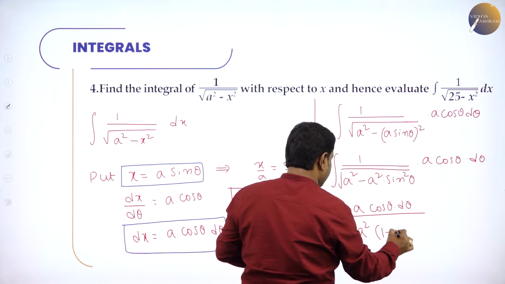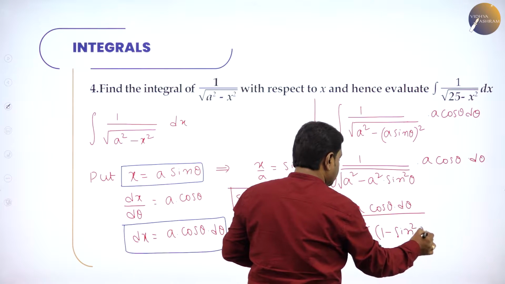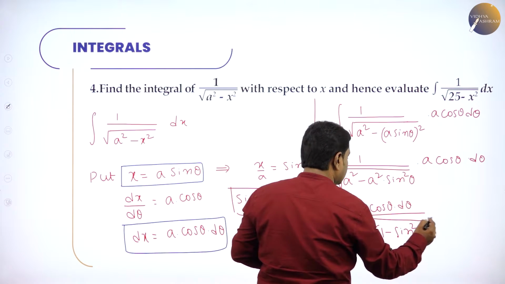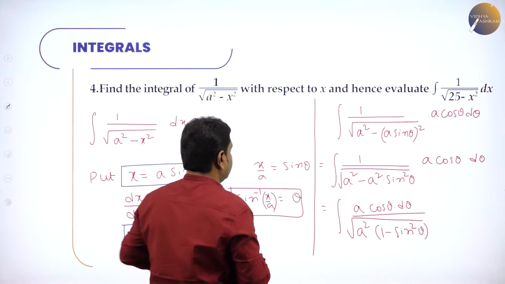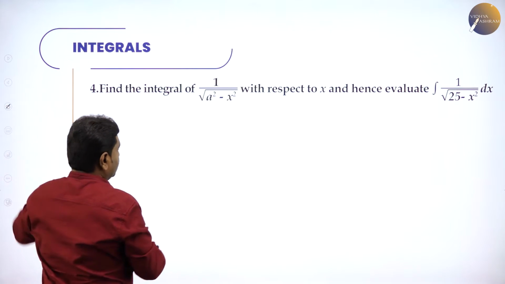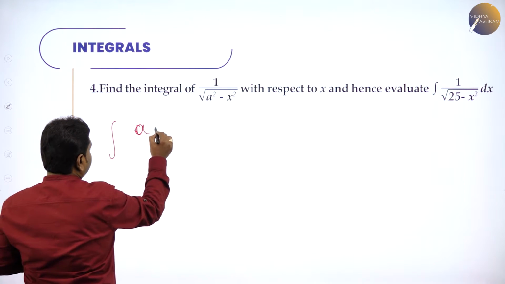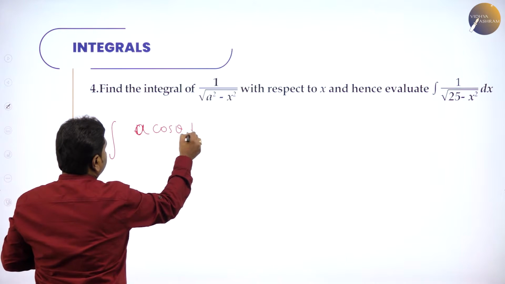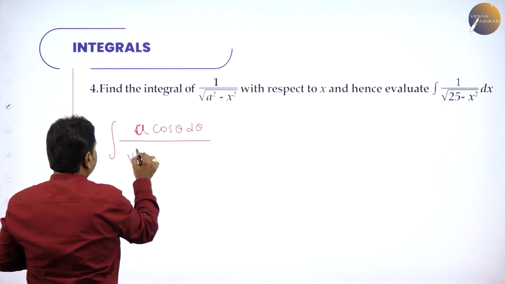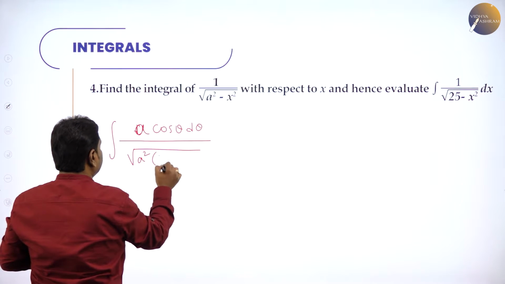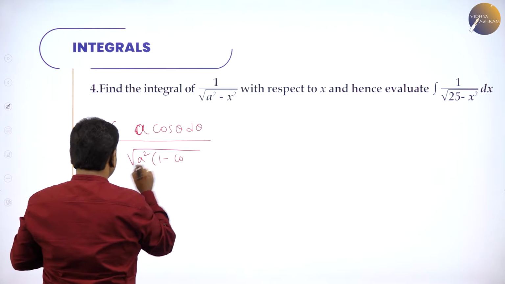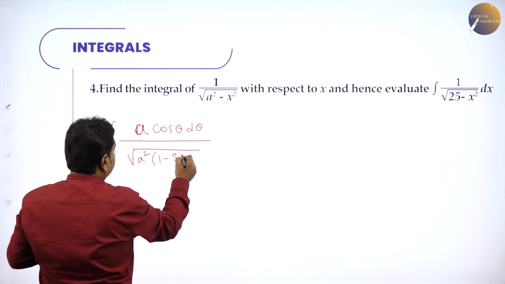If you take a square common, we will be left out with 1 minus sin square theta under root. So now further simplify this. So we are left out with integral of, numerator was a cos theta d theta, and denominator is root of a square into 1 minus sin square theta.